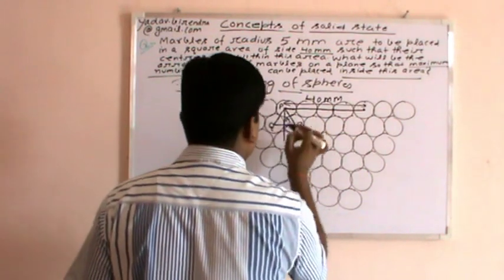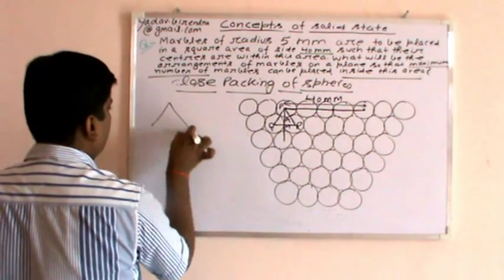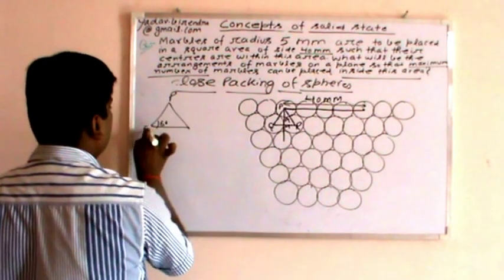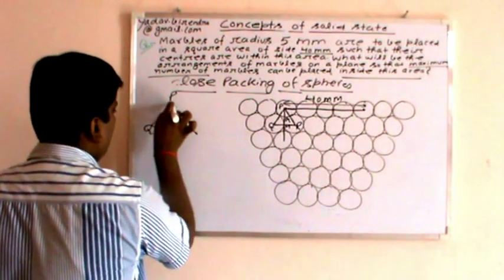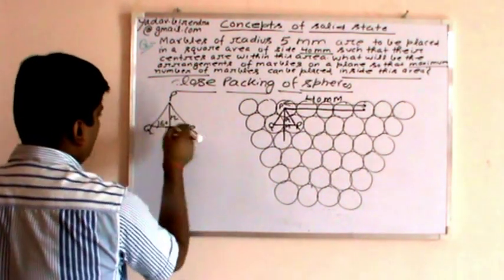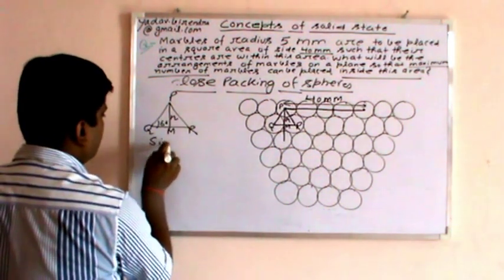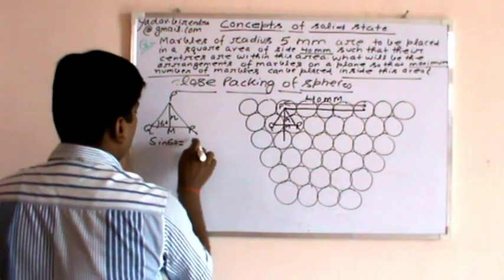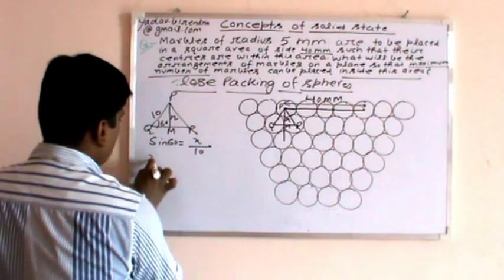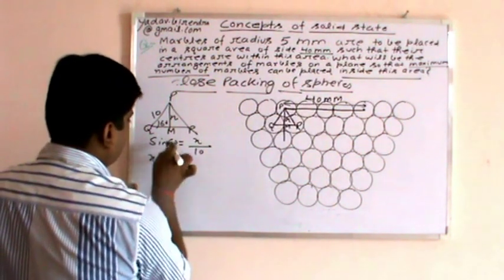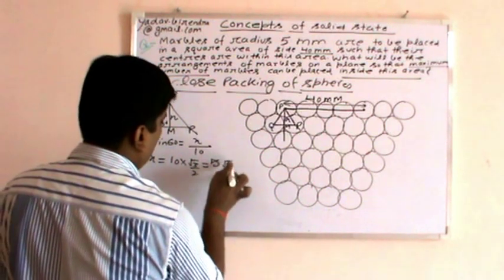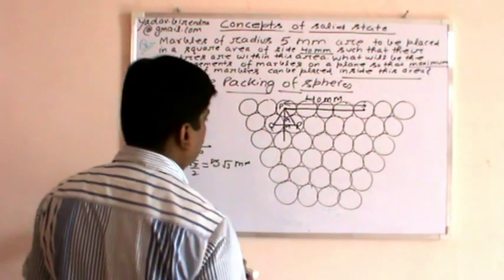So this is an equilateral triangle, so each angle will be 60 degrees here. We need to get this length X. So here we can use sin 60 equals X by 10. So X will be 10 sin 60, which is root 3 by 2, so it will be 5 root 3 millimeter.